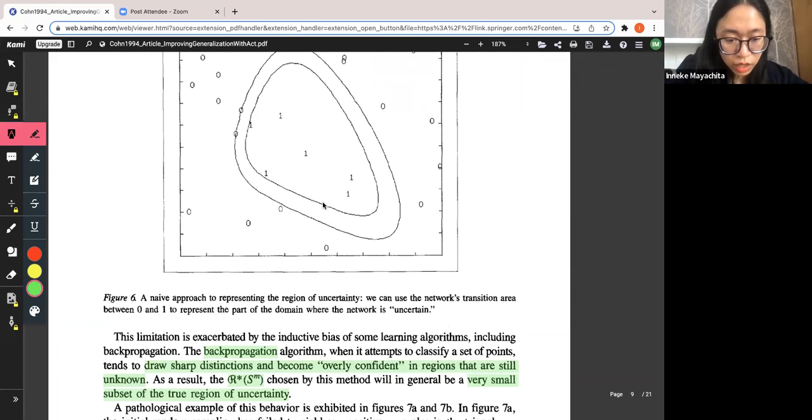And what they mention here is this backpropagation algorithm, which usually is just the basic concept of how a neural network learns.